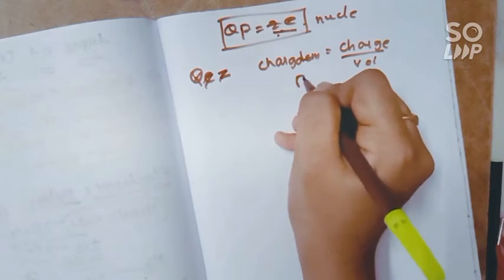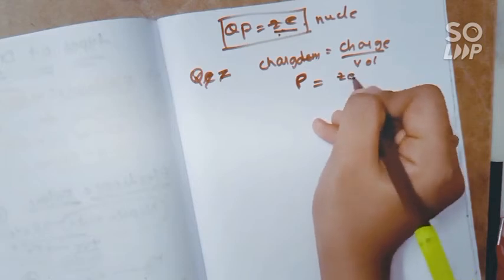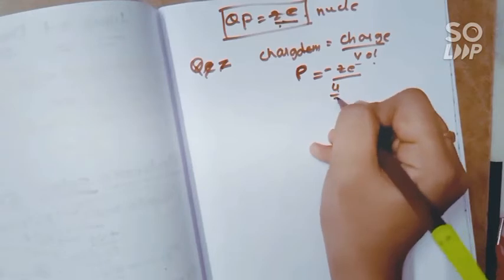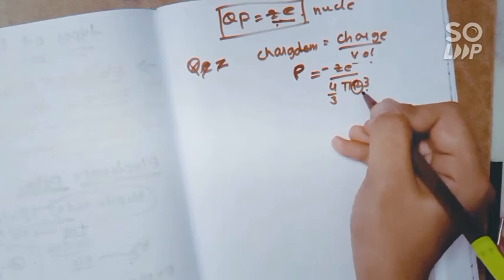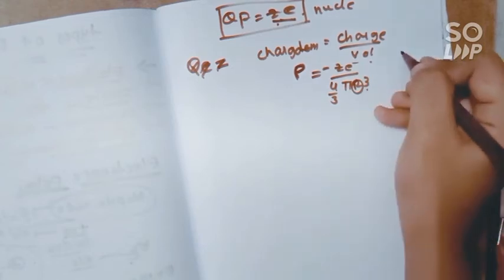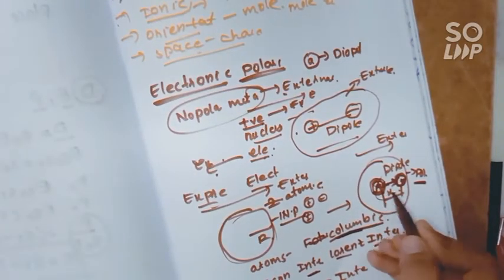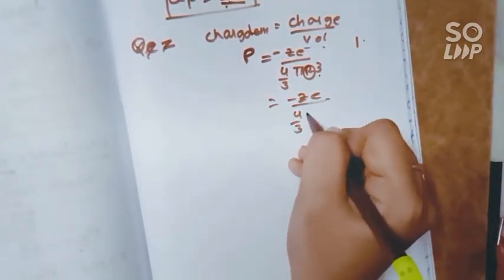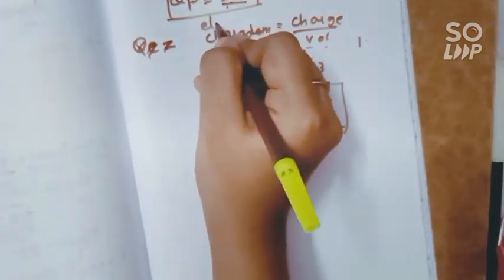So the charge density rho can be written as charge, minus Ze, divided by the volume of the sphere, 4 by 3 pi r cube. Here r means the separation distance between the positive and negative charge, which is x. So in the place of r we write x, and minus Ze by 4 by 3 pi x cube is our charge density for the electron.